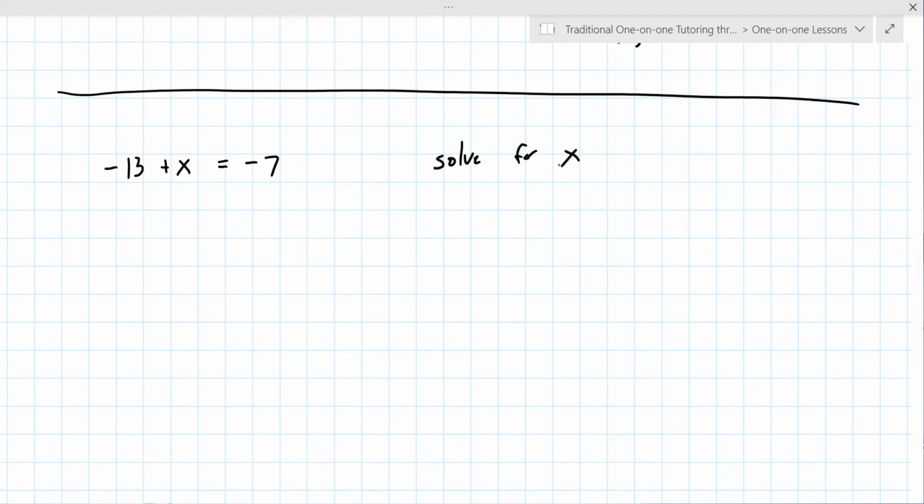Add 13. What number are you adding to both sides of the equation? 13. Okay, very good.